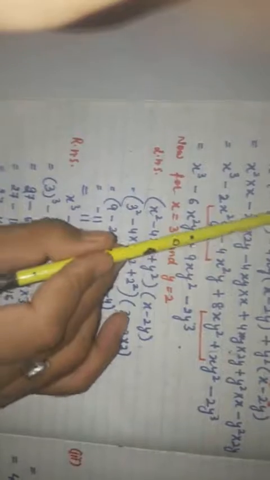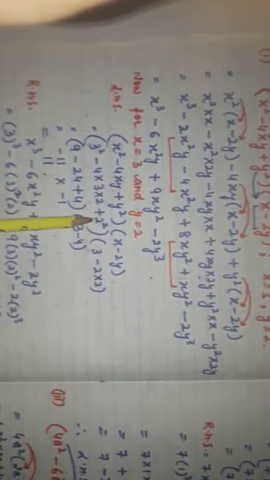The left hand side of this question is the trinomial and this is the binomial. So we have to place this value of x and y in this left hand side. So x raised to power 2, that is 3 raised to power 2, into 4xy, that is 4 into 3 into 2, y raised to power 2, that is 2 raised to power 2, into x minus 2y, x is 3 and the value of y is 2.